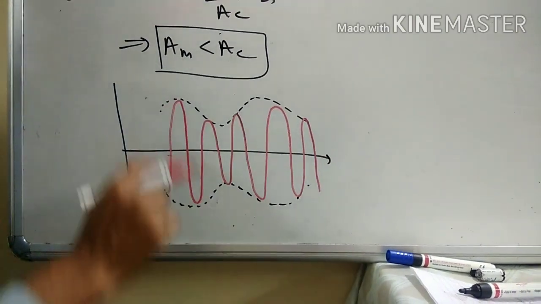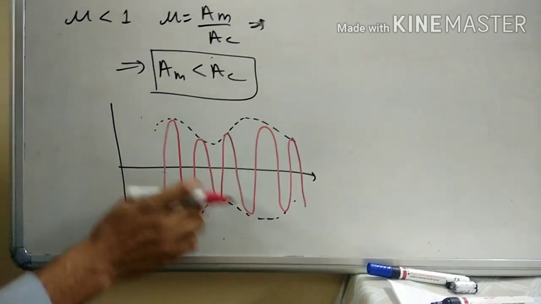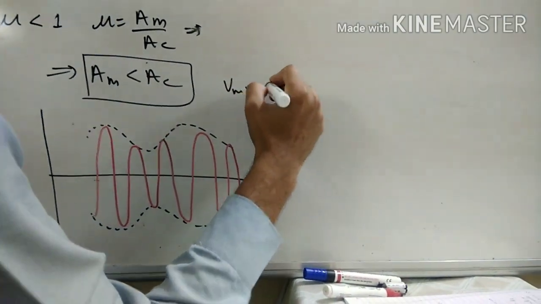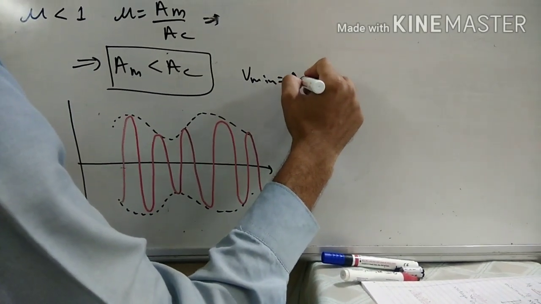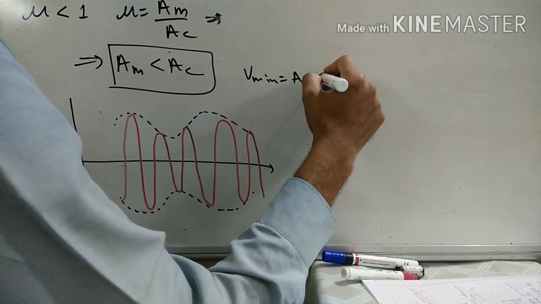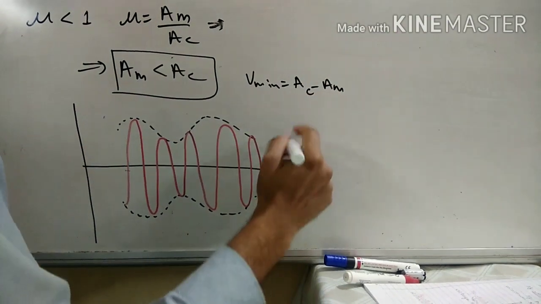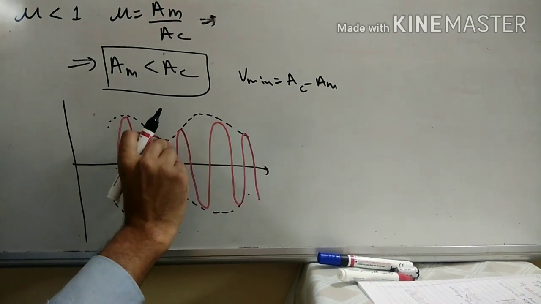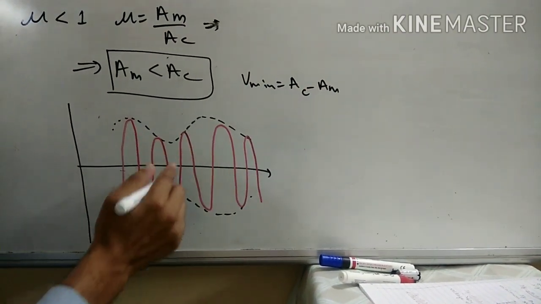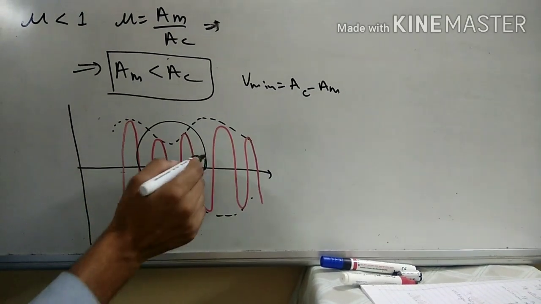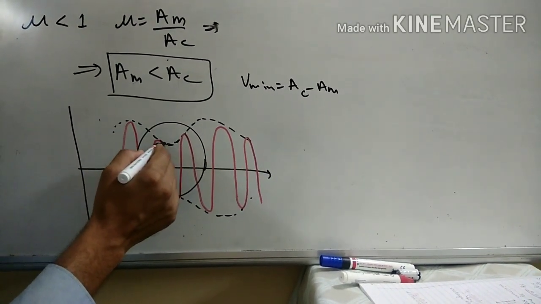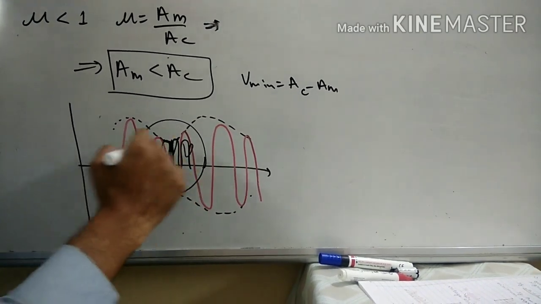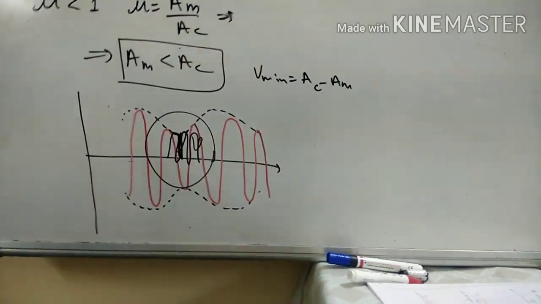If AM is less than AC, then V minimum will be AC minus AM, so there will be some value here, some V minimum. What it means is that even at V minimum there is some signal in this part. So there is a continuous signal in this part.